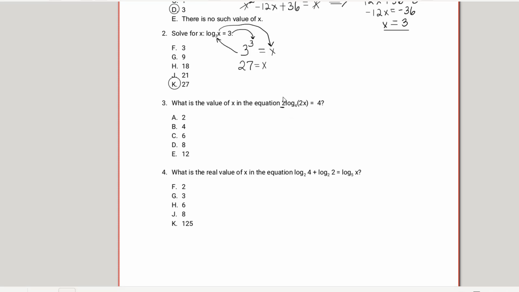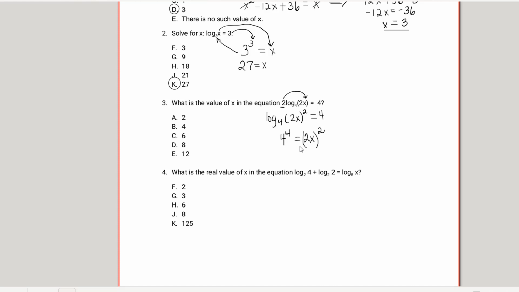So remember, we want to condense this, and we end up writing this as log base 4 of 2x squared. We bring that 2 out from in front, it becomes an exponent, equal to 4. Now we can put this in exponential form, and we're going to say 4, that is our base, raised to the 4th power, we get from our answer, equals 2x squared.